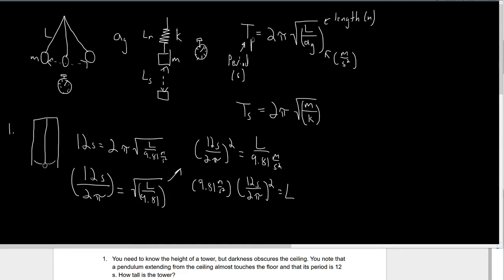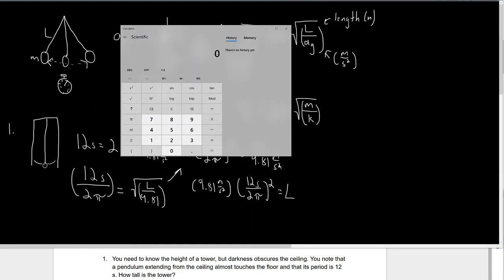All right, so let's go ahead and bring up the calculator, and let's see if I can plug this in right. Let's take care of that parentheses part first. Let's go 12 divided by parentheses 2 pi, close parentheses. Did I forget the 2?